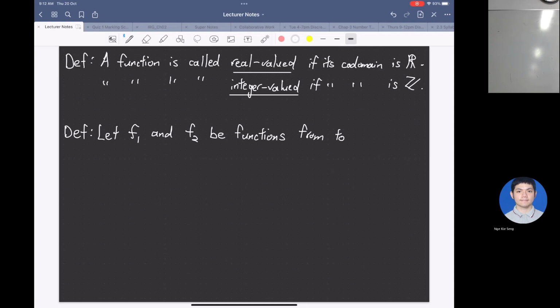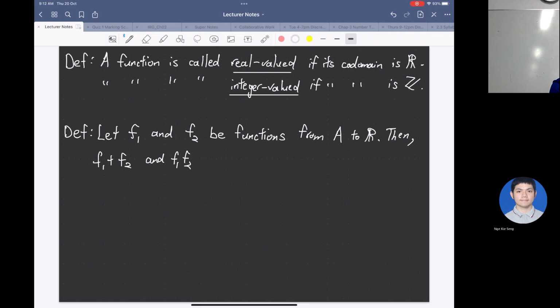So consider real value functions f1 and f2.